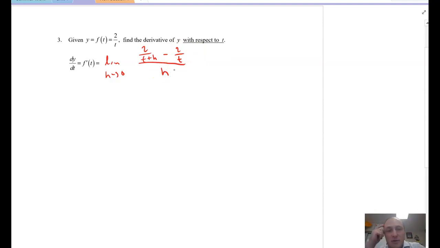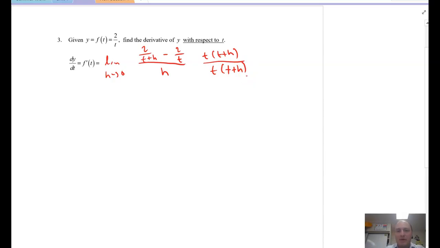So I want to take the limit, same problem, I can't plug in 0 into my denominator, so I have to reduce this. The trick when you have these fractions in your numerator is to multiply by the lowest common denominator. In this case, I'm going to multiply by t times t plus h over t times t plus h.